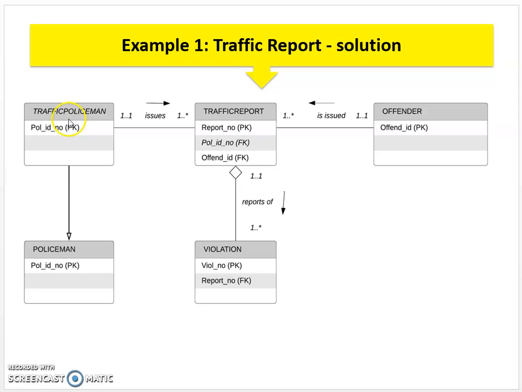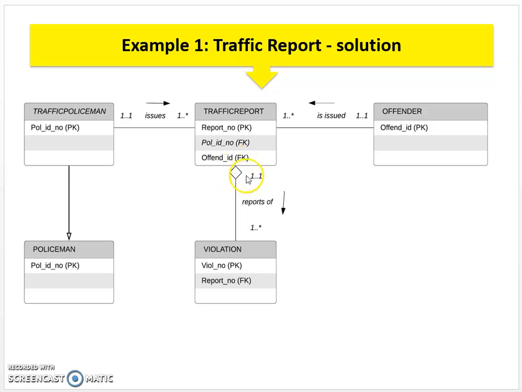So now going back to the business rules, a policeman or a traffic policeman issues one to many traffic reports, but each traffic report is linked to one traffic policeman that created it. A traffic report is a report of one to many violations. Each violation is part of the traffic report.